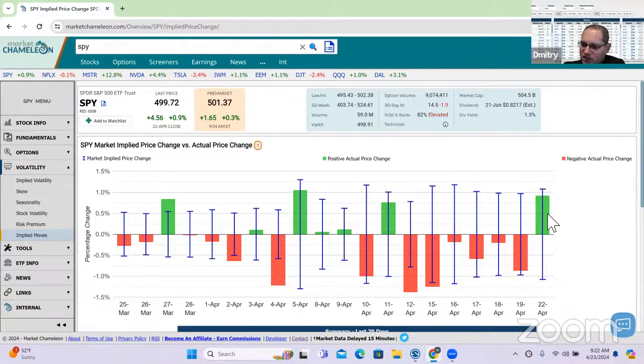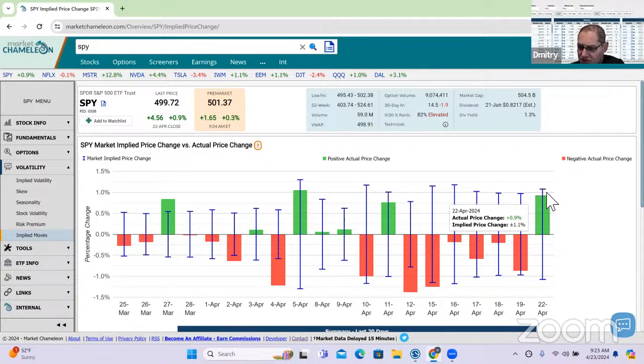So over here, based on the previous day's close, the market was implying a move of plus or minus 1.1%. The actual move was 0.9%. So the actual move was a little bit below the implied move.